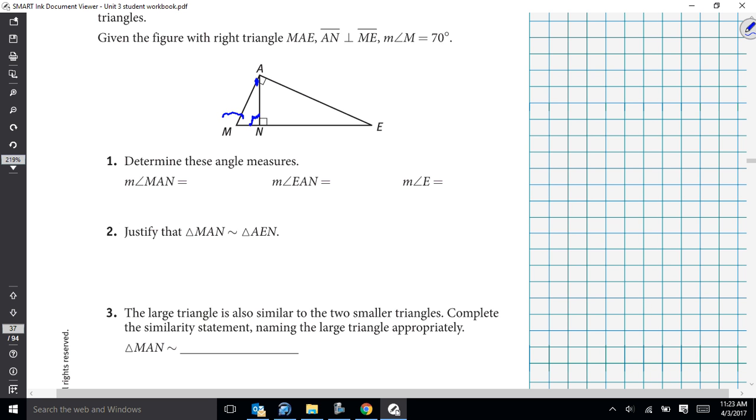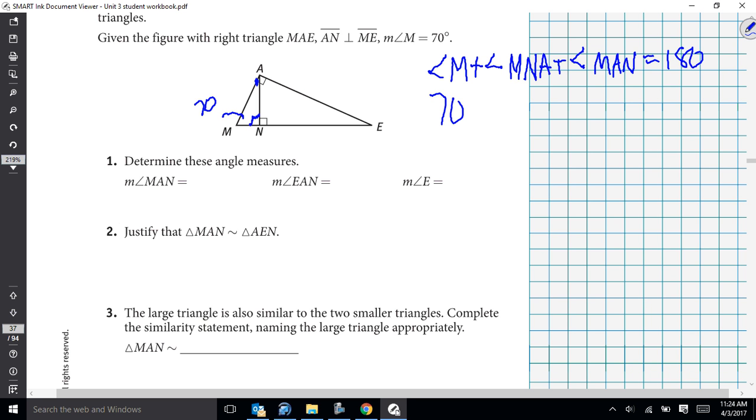So if this angle here is 70 degrees, can we find our missing angle? Yeah, because we know that all 3 angles of every single triangle created on Earth is how many degrees? 180. I should say on a plane. Triangles on a sphere are not 180, but on a piece of paper, 180. So we have angle M plus angle MNA plus the measure of angle MAN equals 180.